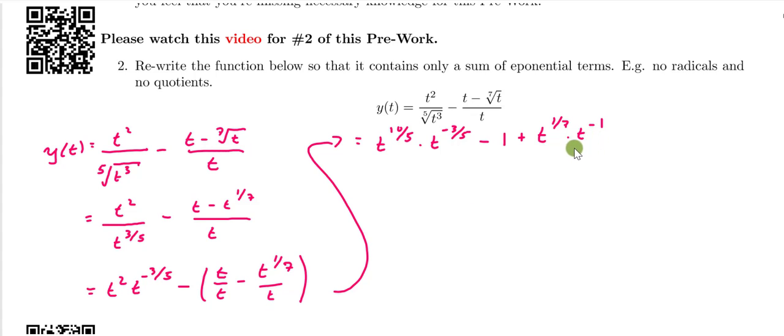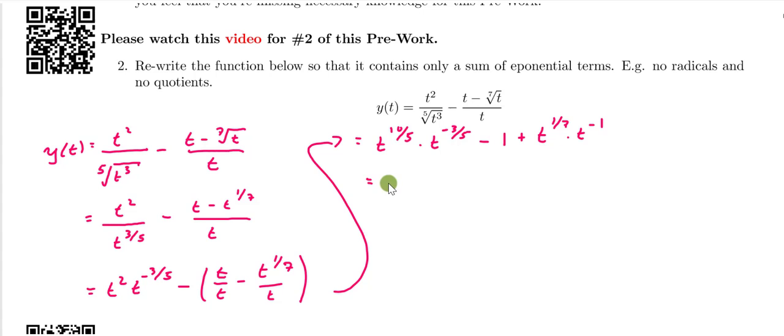So I did quite a lot. Be very careful here, folks, where it is essential that when I simplified this fraction by dividing t into both terms in the numerator, I put that parentheses there, or I somehow appropriately take care of this minus sign being distributed to each term.